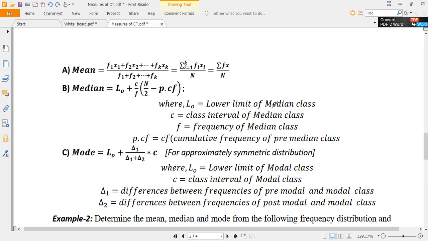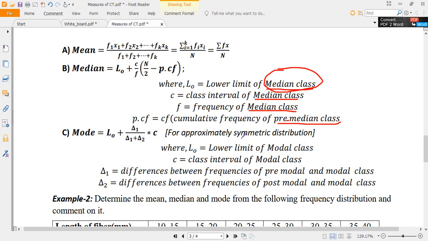Here L naught is the lower limit of the median class, C is the class interval of the median class, F is the frequency of the median class, and PCF stands for the cumulative frequency of the pre-median class, that is, the class previous to the median class. So to determine the median, we first have to identify the median class.